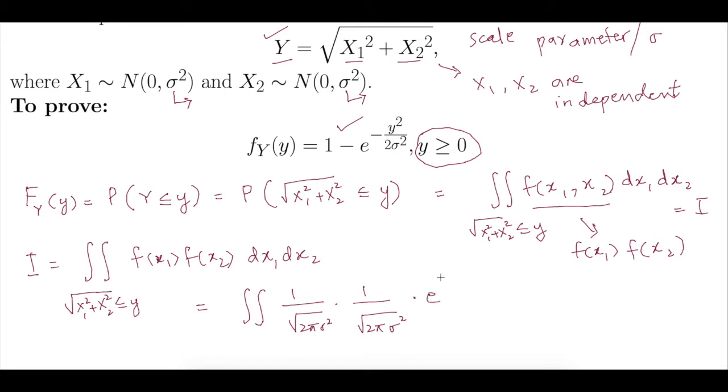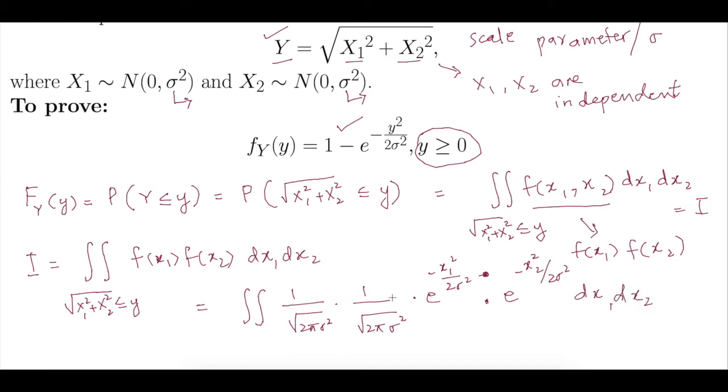Then we have e to the minus x1 squared over 2 sigma squared, times e to the minus x2 squared over 2 sigma squared, dx1 dx2.